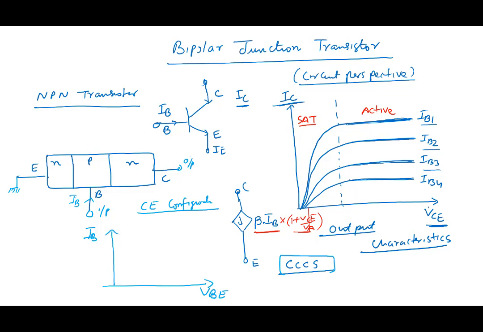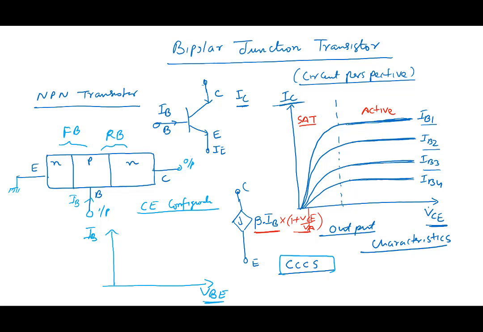And in the active mode, as you already know, this junction is forward biased and this junction is reverse biased. The emitter base junction is forward biased and the collector base junction is reverse biased. So we are applying a positive voltage to the base, which forward biases the junction.